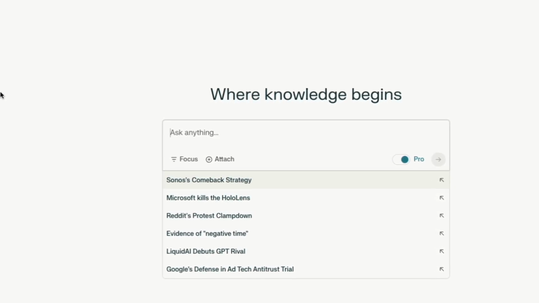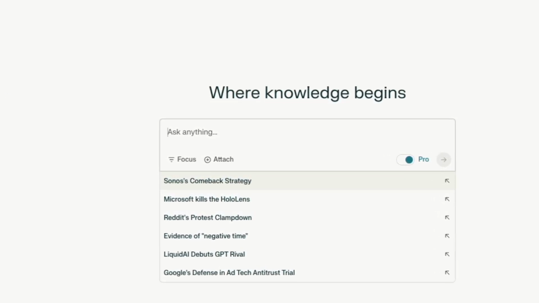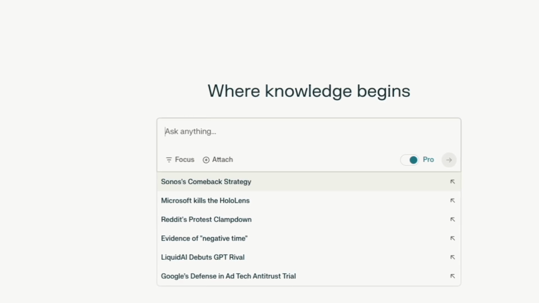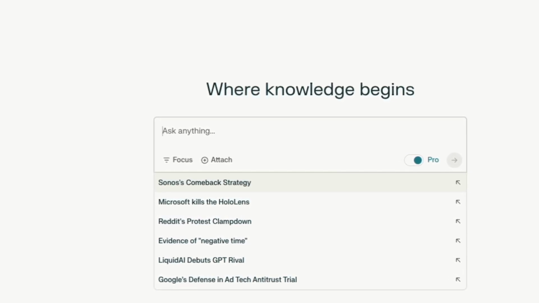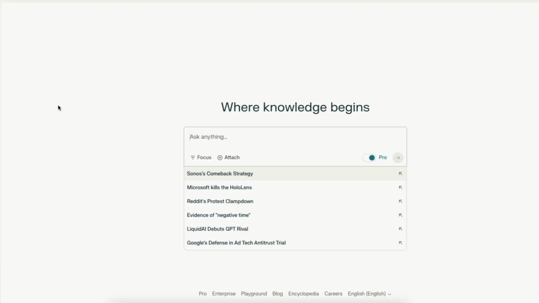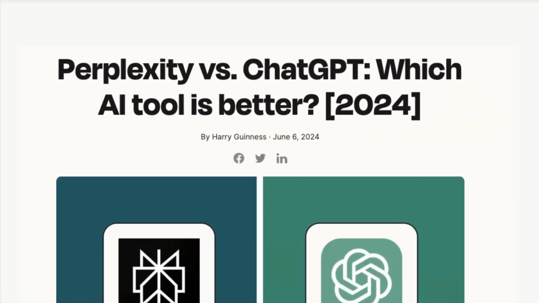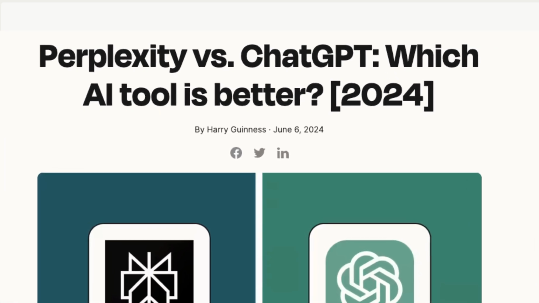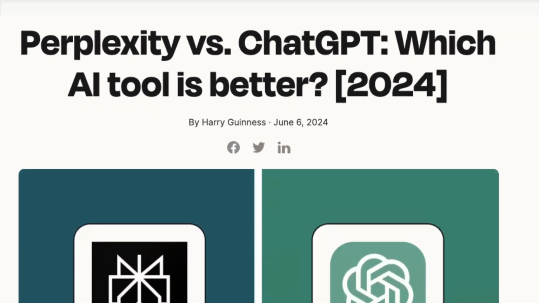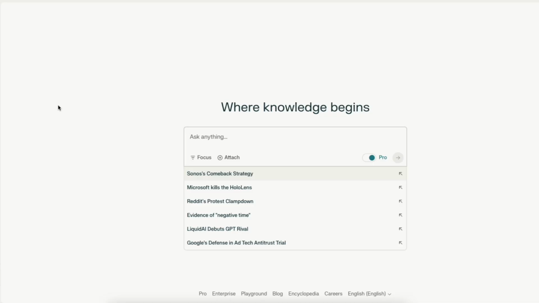And this is different from the other AI tools that you may be familiar with, like ChatGPT, Bard, or Claude, or any other AI that you may be using. It is different in that all those AI models that you know of are kind of old, built with old data.